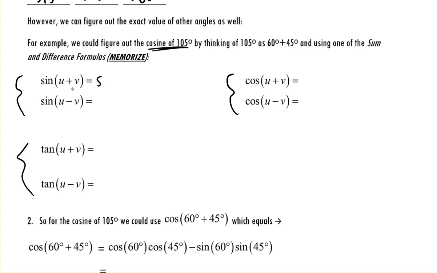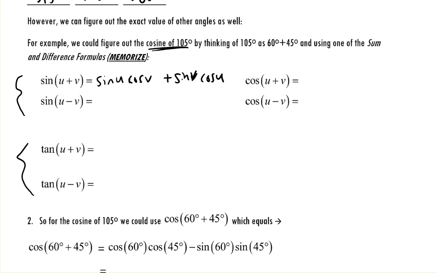So this is just saying, like, if you added 2 angles or subtracted 2 angles. We're going to call the first angle U and the second angle V, just for simplicity. So the sine of some angle plus some angle is going to be the sine of the first angle times the cosine of that second angle plus the sine of the second times the cosine of the first.